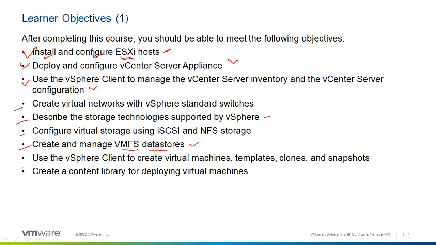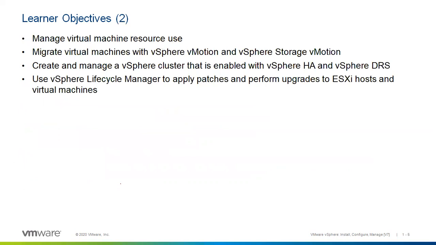Then use the vSphere Client to configure the virtual machine, template, clone, snapshots, and create the content library. Content library is primarily a centralized repository to keep your ISO images, tools, templates, and all. Then managing the resources for your virtual machine.